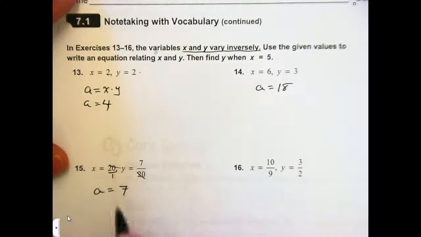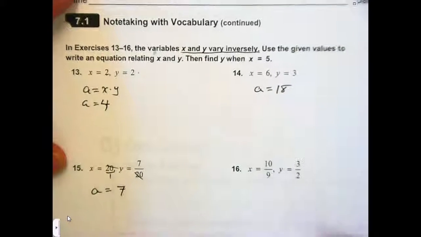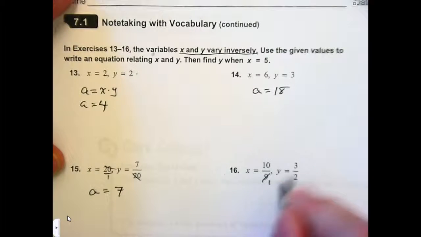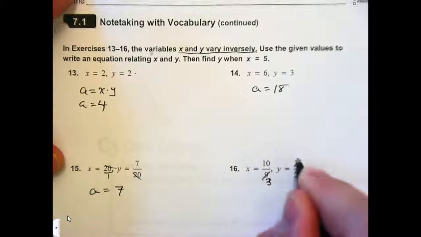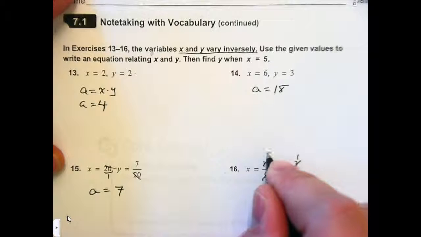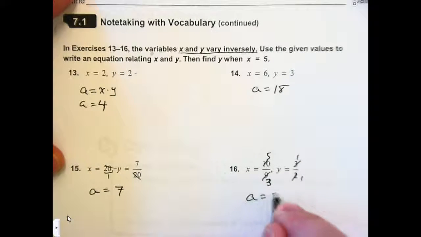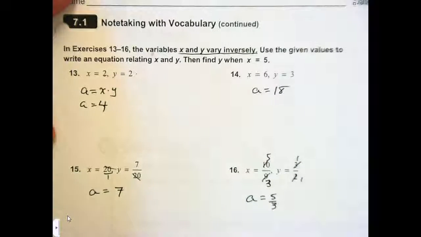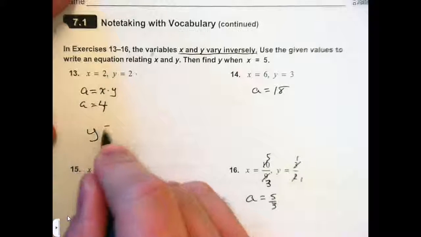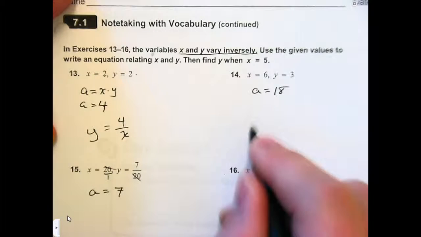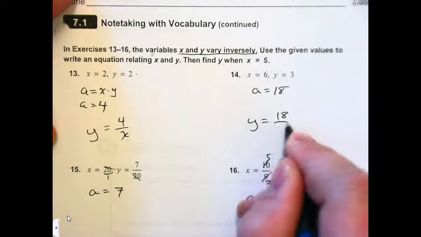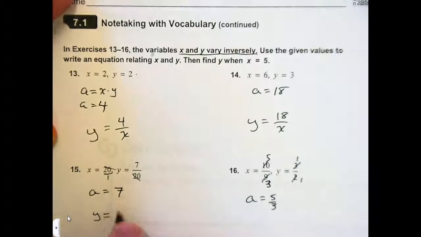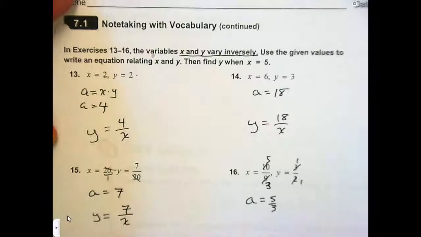You can cross cancel, so you get 7. Here a would equal 5/3. Therefore, my equation, y equals 4 over x, y equals 18 over x, y equals a over x, or 7 over x, and y equals 5/3 over x.